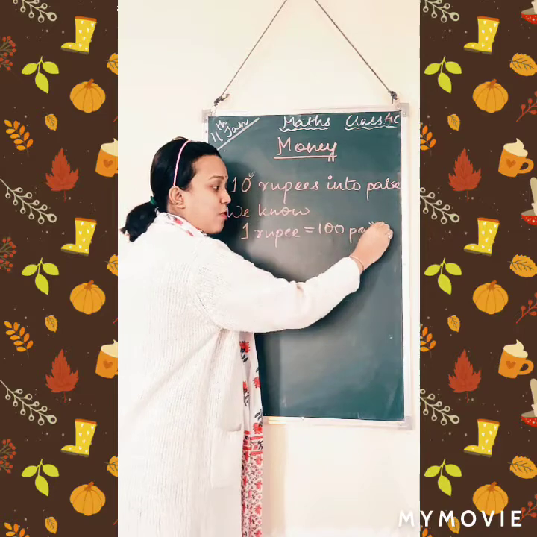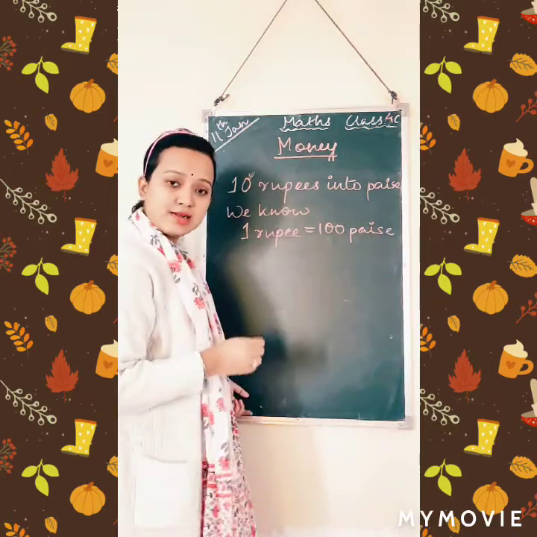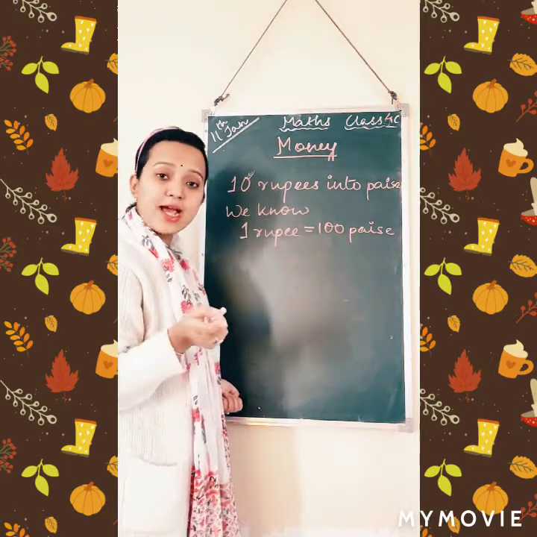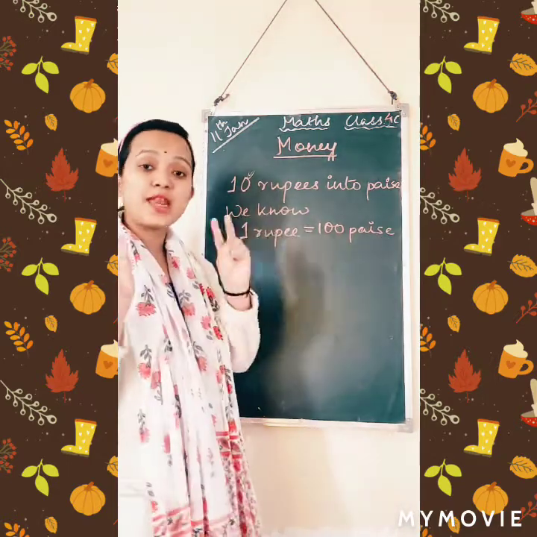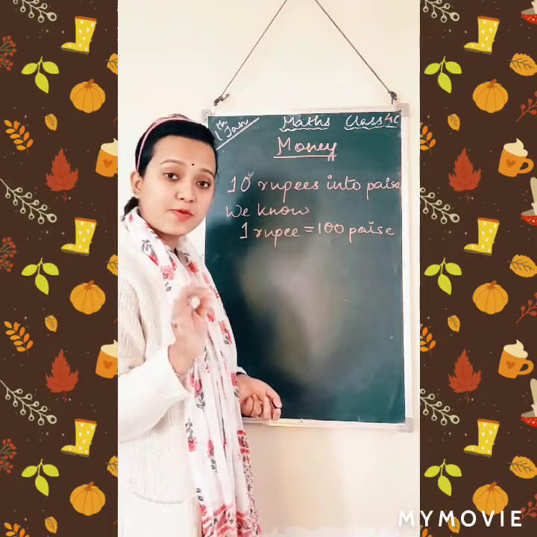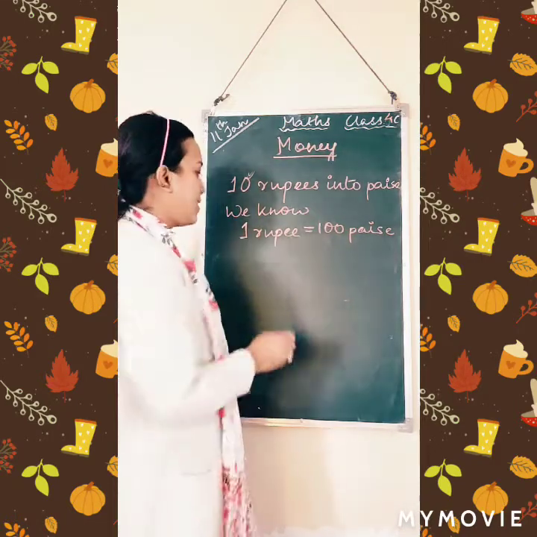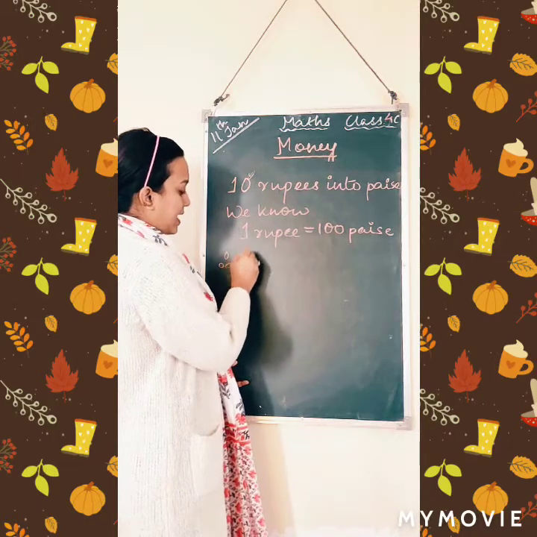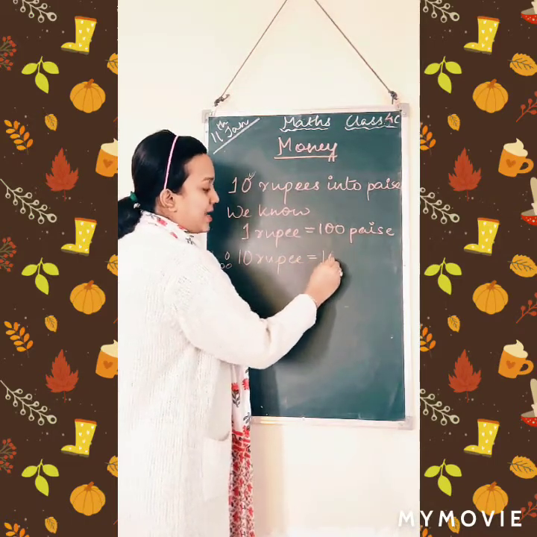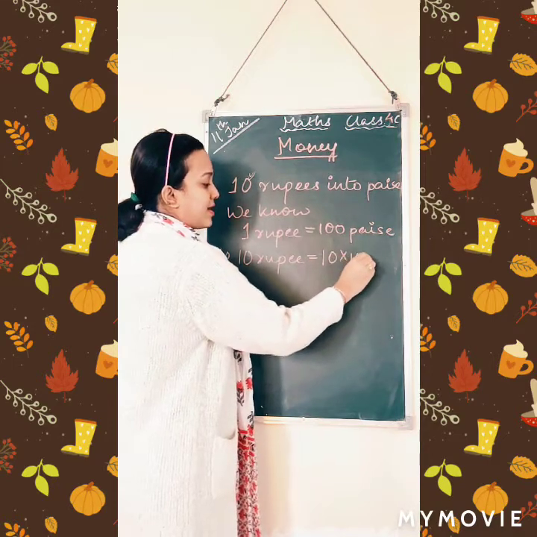Okay? This is the formula that we have written just now, correct? So 1 rupee equals 100 pies. Now you have 10 rupees with you. Now I am asking you to convert that 10 rupees into pies. How do you do that? Therefore 10 rupees is equal to 10 into 100.